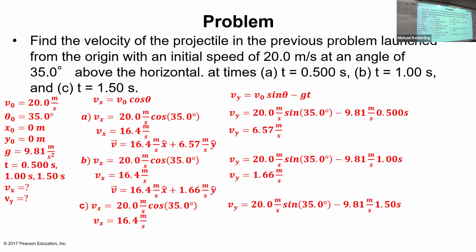Y is 20 meters per second sine of 35 degrees minus 9.81 times 1.5 seconds. So velocity in the y direction is now negative 3.24 meters per second. Once the velocity in the y direction is negative, that means you've passed over the peak and it's on its way back down towards the ground.